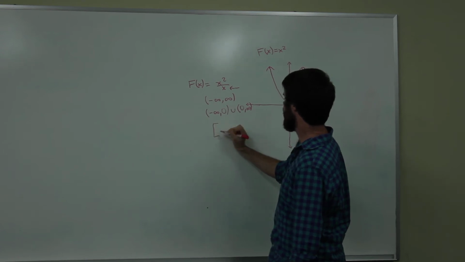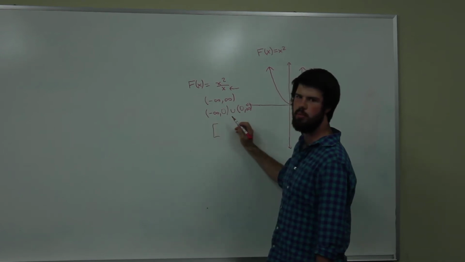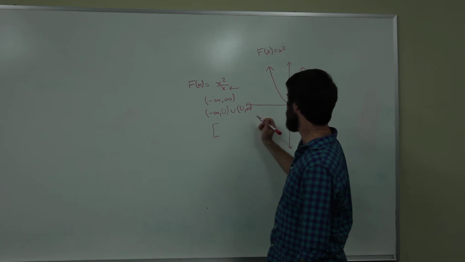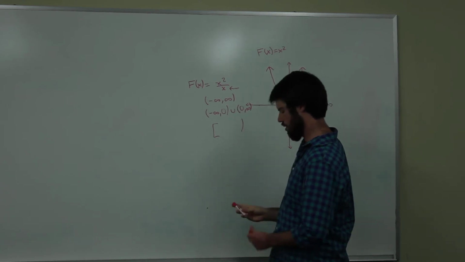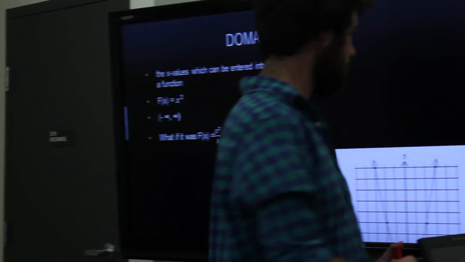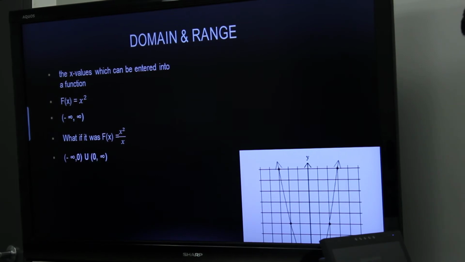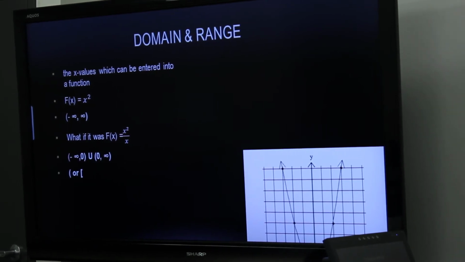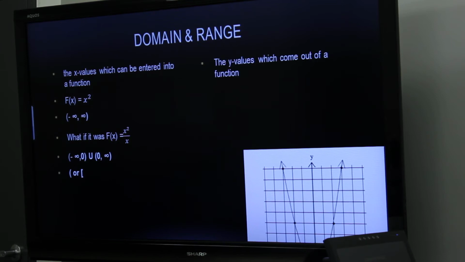If you have a bracket, that means you do include that number in your interval. And if you have a parenthesis, that means you are not including that in your interval. So, we have that right. And so there's the brackets and parentheses.